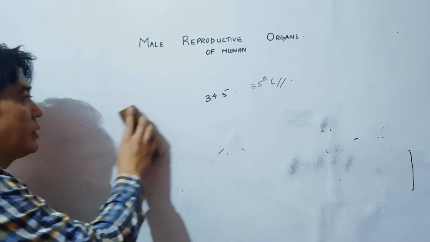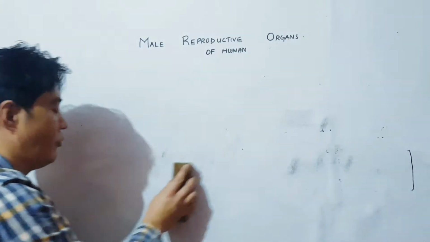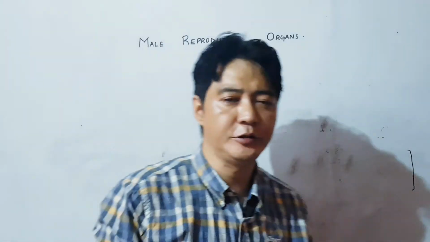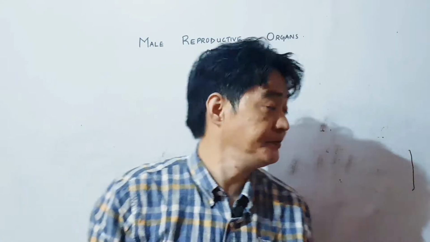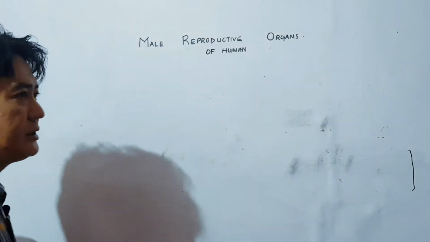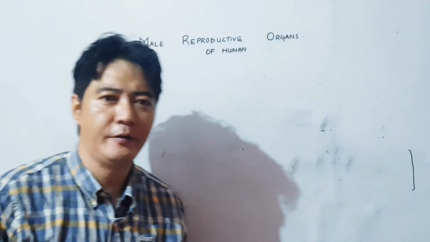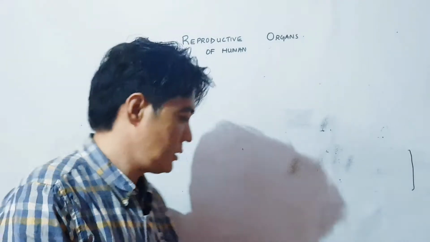In the microscopic view, after cutting a section, you can see the testes are made up of varieties of cells.